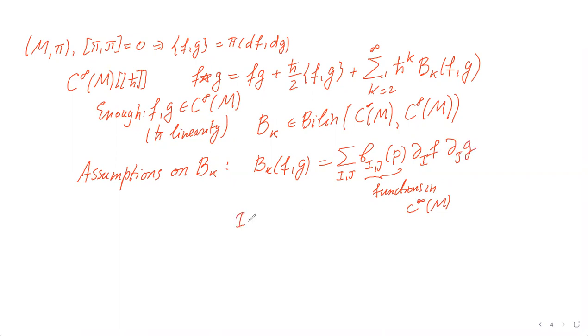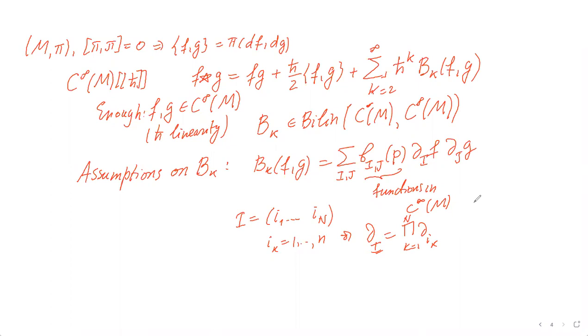So if I say I is a multi-index I_1, ..., I_n, where I_k is just a number from 1 to n, then ∂_I is just the product of ∂_{I_k} from 1 to n. It is just some partial derivation in direction of a certain coordinate on the manifold. Of course, this is only local.